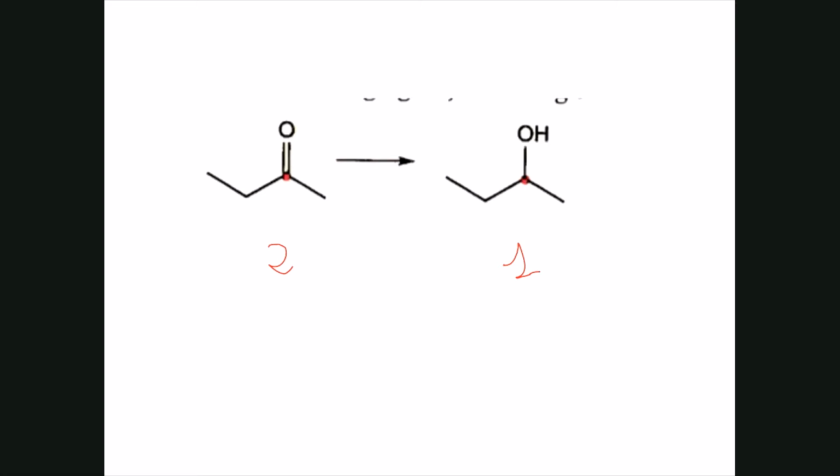And the skeleton structure doesn't show any additional carbons, doesn't show anything different. So that means that what my structure has gained is a hydrogen atom at the expense of one of the bonds that the carbon had with the oxygen. So for this transformation to occur, I will need to use a reducing agent.